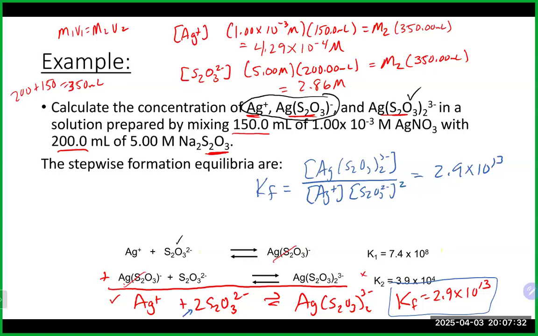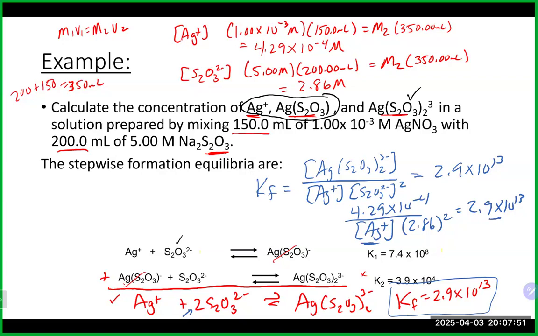Putting in our numbers from the first table, which I believe was our 4.29 times 10 to the minus 4, divided by our silver and our 2.86 squared equals 2.9 times 10 to the 13.